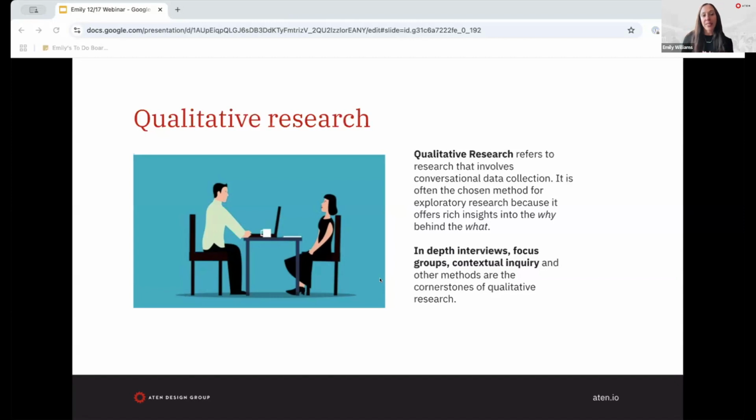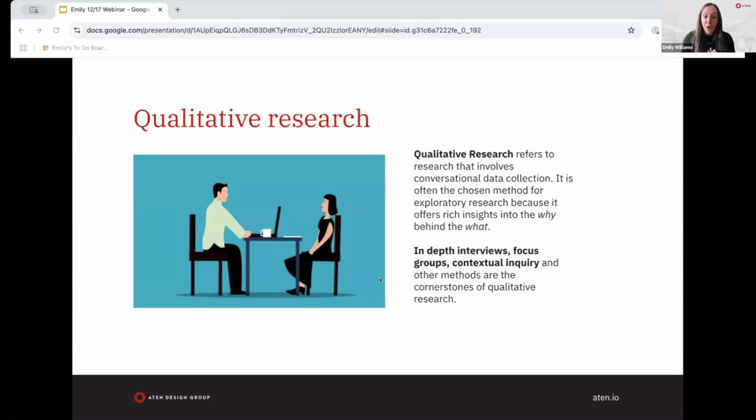And I know that sometimes it can seem maybe not the most rigorous thing that you can do, but when you set qualitative research up in a very systematic way, it gives you a lot of rich insight into why people do what they do, their attitude about your website, and it has some explanatory power around behaviors on your website. It's the why behind the what.